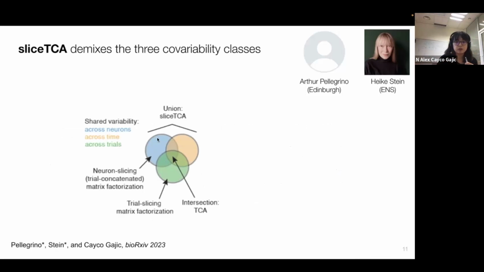So if you consider these different classes of covariability in this little Venn diagram, doing PCA on each of the three unfoldings would correspond to shared variability across neurons, time, or trials, each of these three different circles. Here I have a picture for two examples. sliceTCA is capturing the union of all three of those different types of covariability classes, which could be mixed in the same data sets.